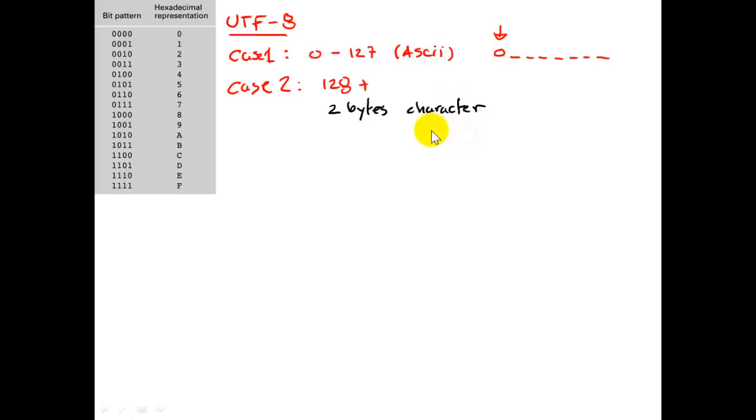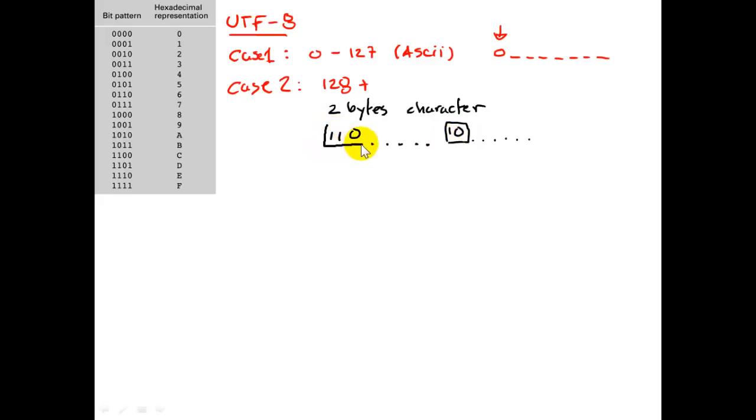okay, the cue is that the first byte is going to have two 1s followed by a 0. That's 3 characters, 4, 5, 6, 7, 8. And the leftover characters are actual data. And the following byte, which contains the rest of the data, 4, 5, 6, is going to begin with a 1, 0.